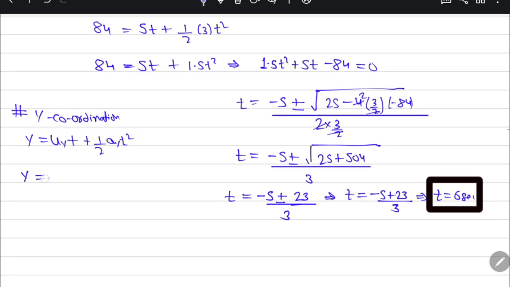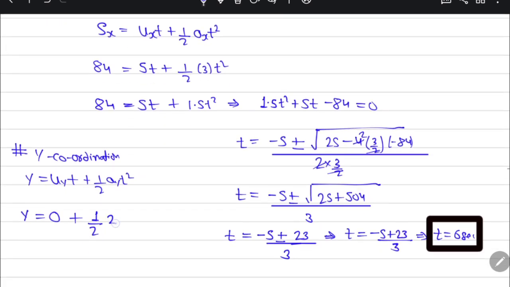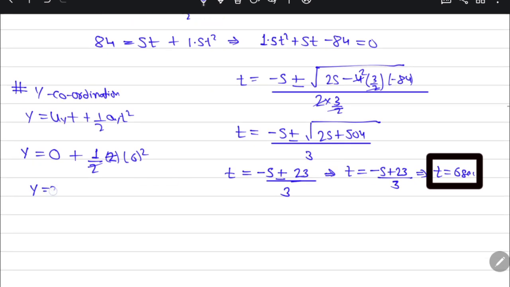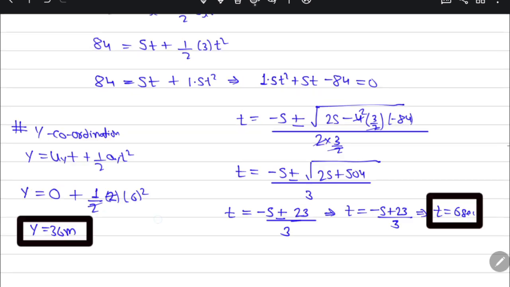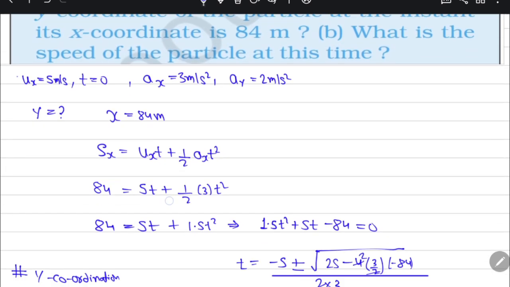So uy is 0 because initially in the y direction there is no velocity. Half the acceleration in the y direction is how much? 2, and t is 6 square. So the 2 cancel. So y comes out to be 36 meter.